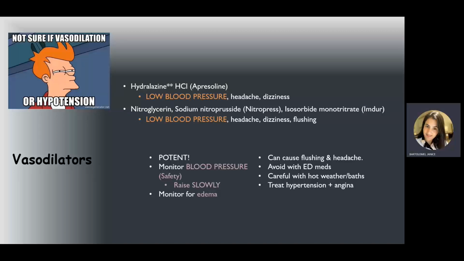Now, within this classification is also nitroglycerin, and we talked about nitroglycerin with angina patients. So we might use this classification for hypertension as well as angina. And then isosorbide mononitrate is a long-lasting vasodilator.